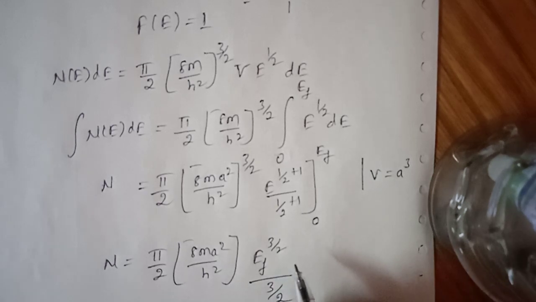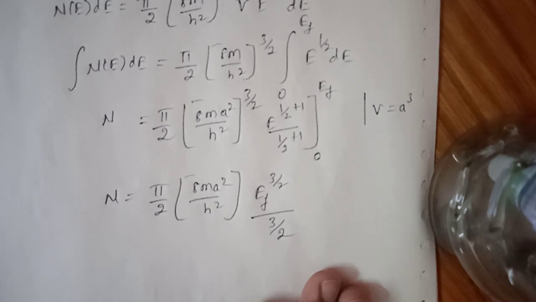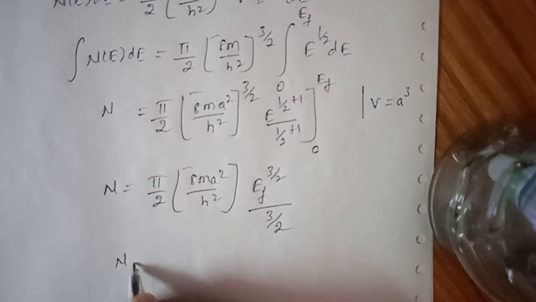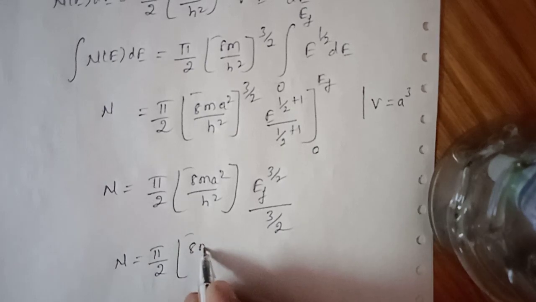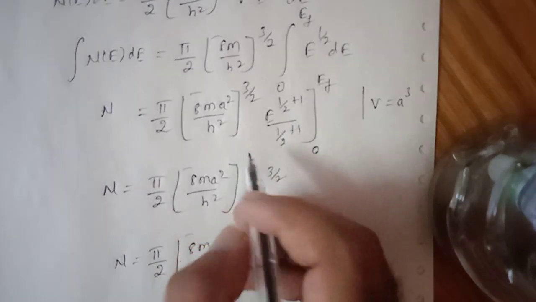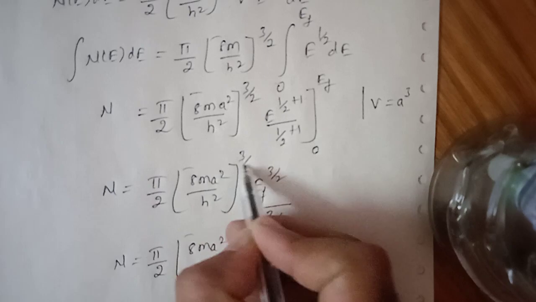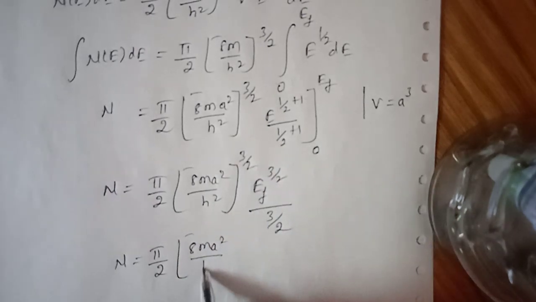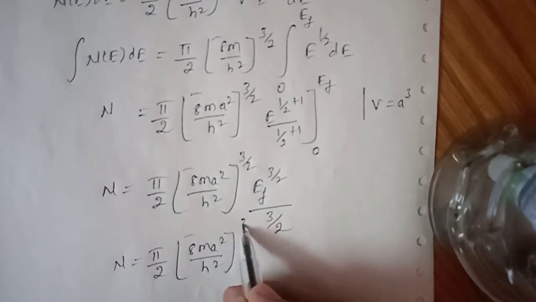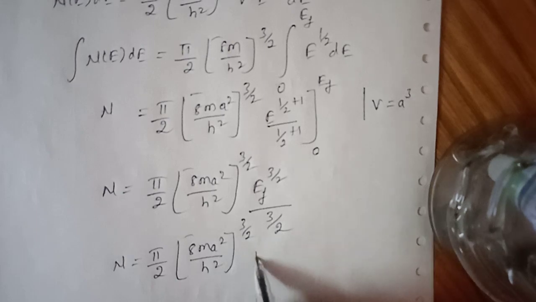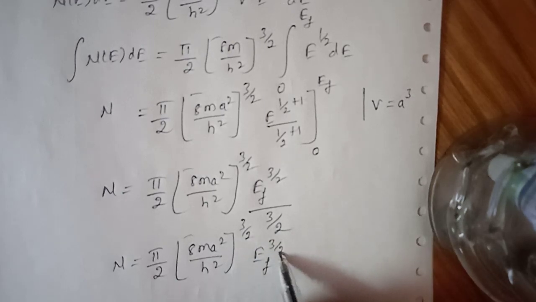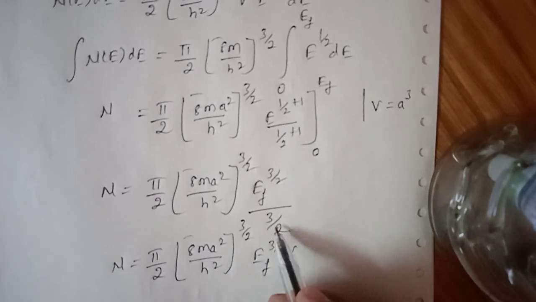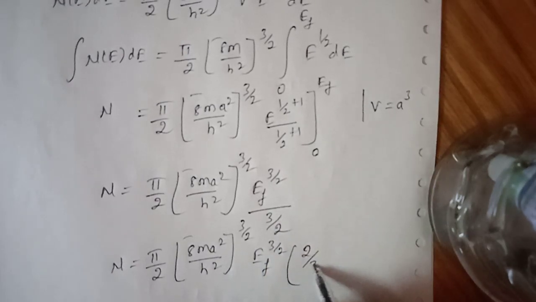Again, further you can write one more step: n is equal to pi by 2, 8m a square, sorry, I forgot to mention here 3 by 2, divided by h square to the power 3 by 2, and it is simply EF power 3 by 2, into, it goes to the numerator, 2 by 3.